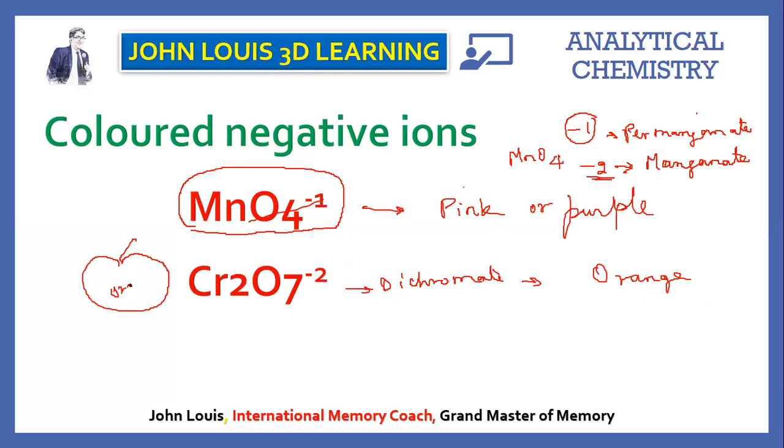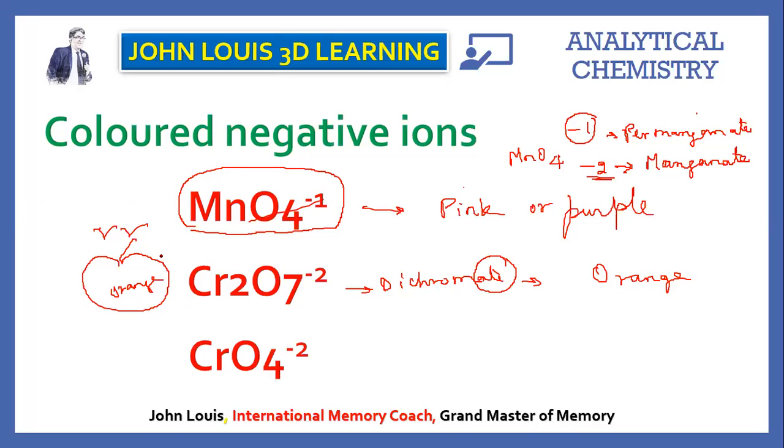Two crows were sitting and eating this orange. Dichromate: two crows, di-crows, are eating that orange. So I got it, dichromate is orange in color. To remember that it is orange, I have taken the fruit orange. Elaboration of the information is very important to remember.